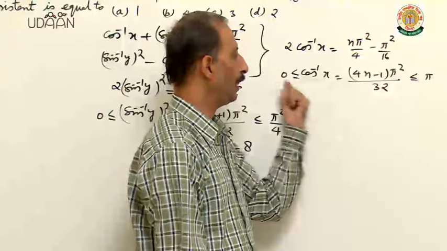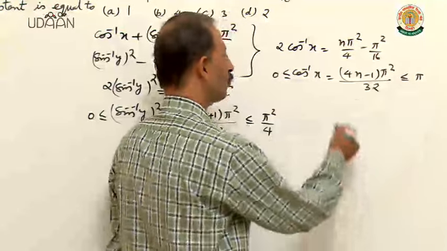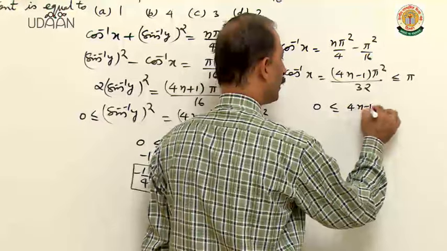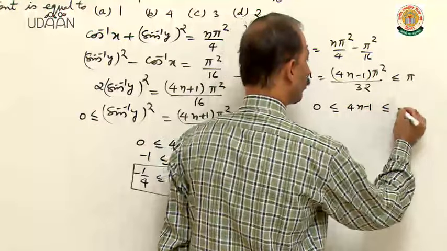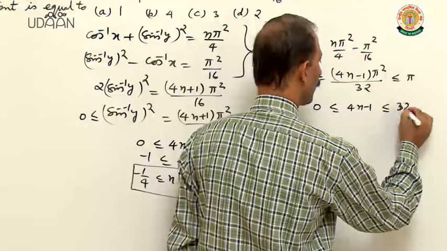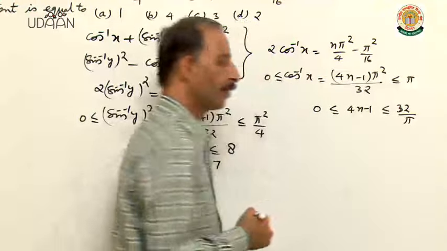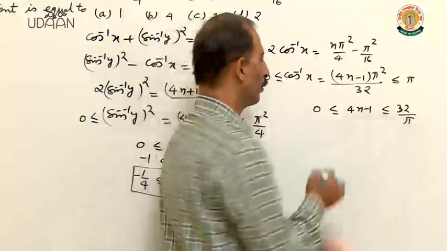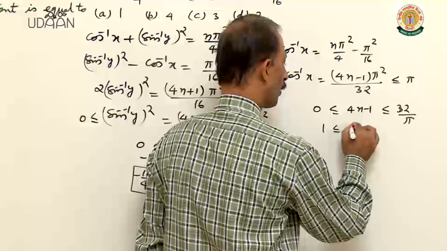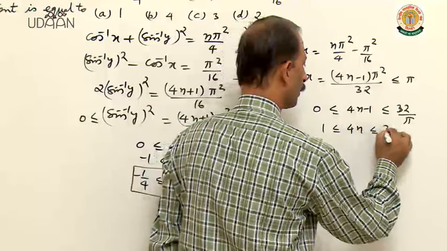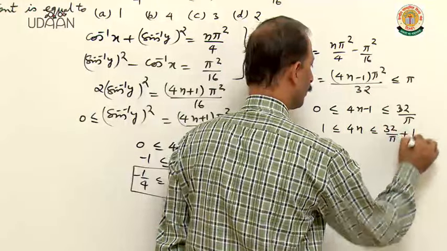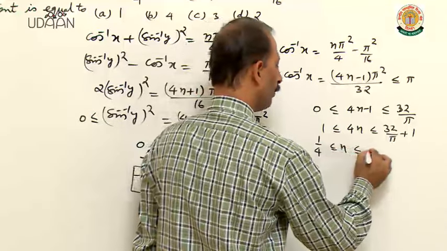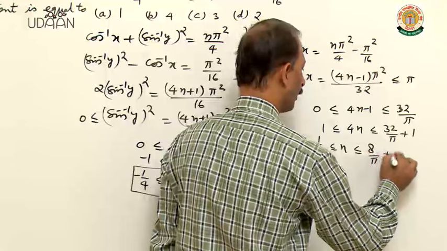Now, if I divide the whole inequation by pi square upon 32, it becomes 4n minus 1, and on the other side 32 upon pi. Now, add 1 in each term, it becomes 32 upon pi plus 1. Now, divide by 4, so you will get the range of n here.